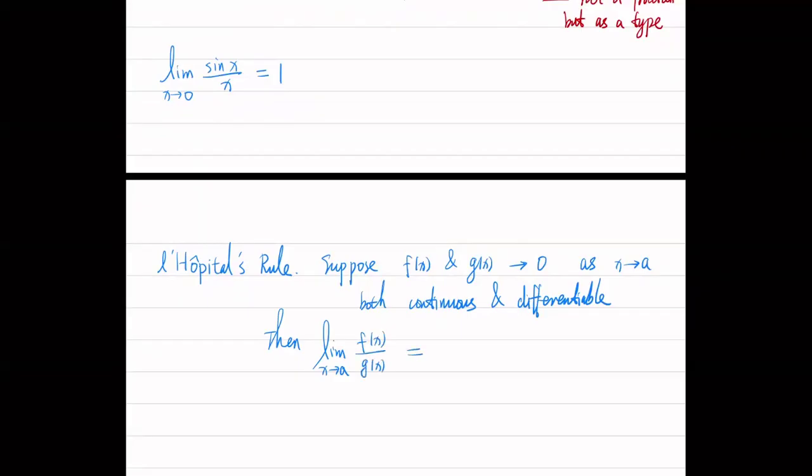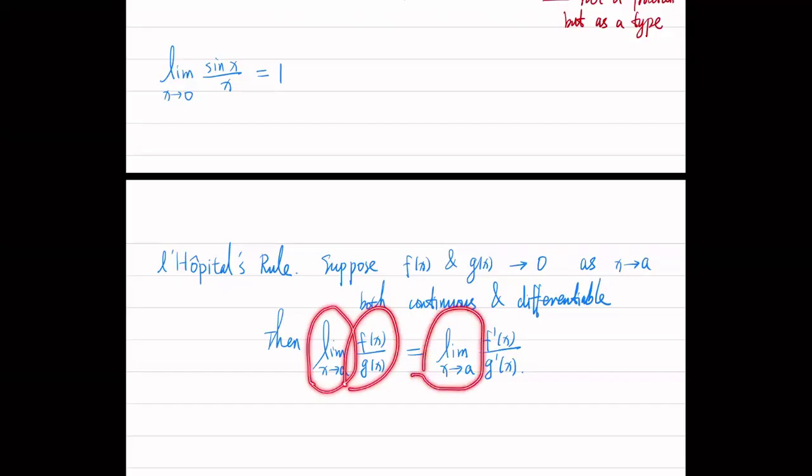Okay, so we cannot plug in, but we can do something about it. Be very careful about this statement of the theorem. The limit of the quotient equals the limit of the quotient of derivatives.